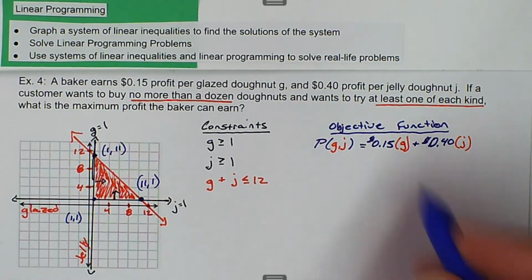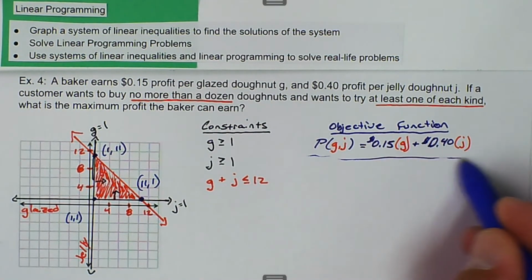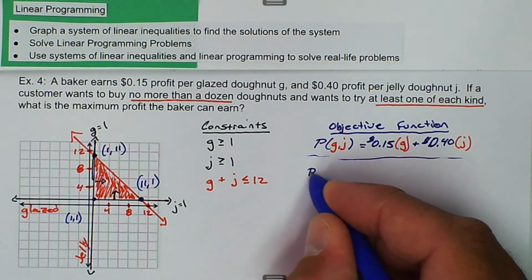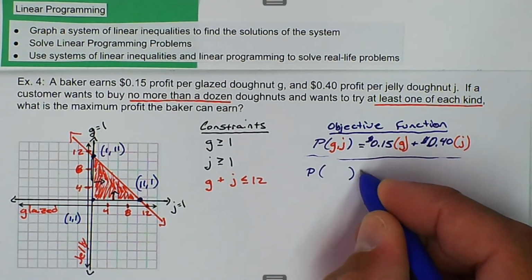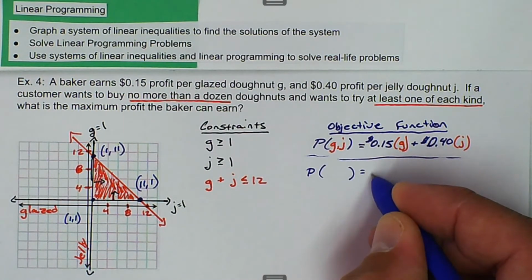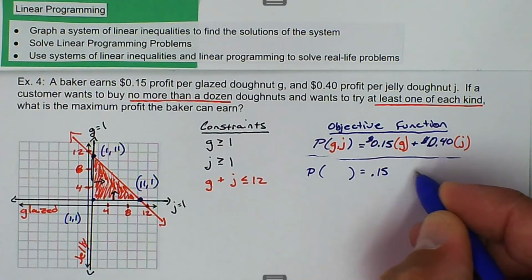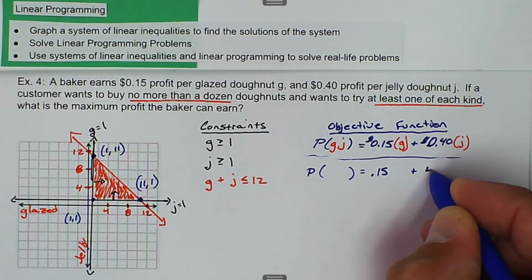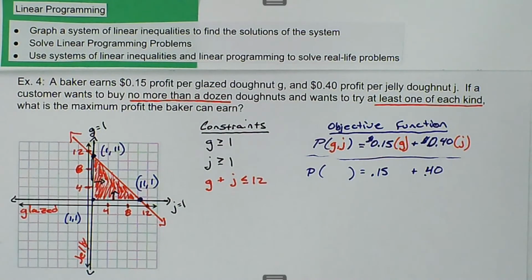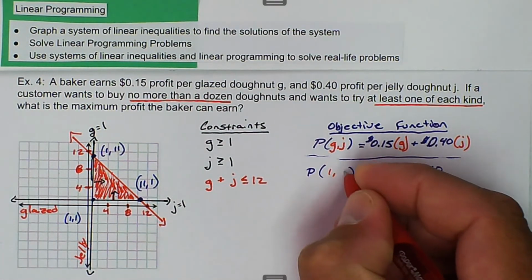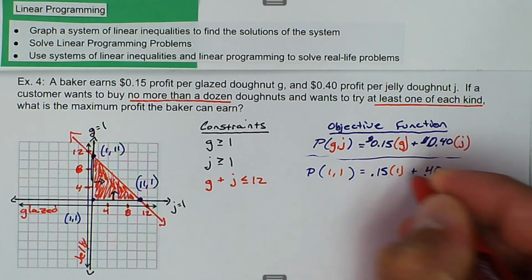So the first one we can do is (1, 1). So the glazed donuts in this case are 1, and the jelly donuts are also 1.